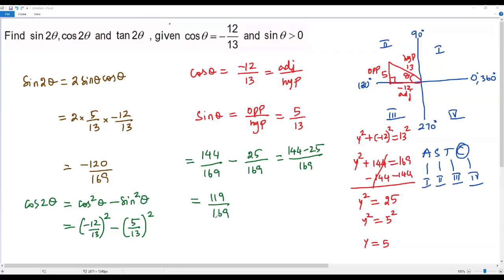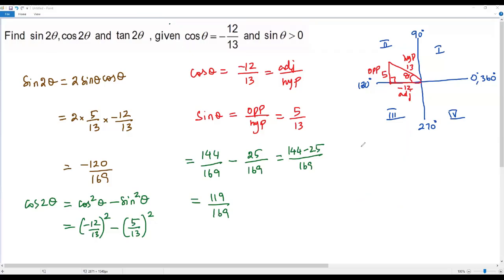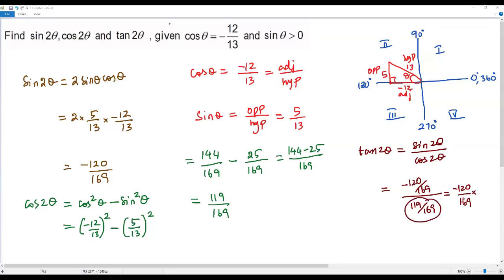Let me write the formula for tangent 2 theta: tangent 2 theta is equal to sine 2 theta over cosine 2 theta. So the value of sine 2 theta is negative 120 over 169, and the value of cosine 2 theta is 119 over 169. Whenever we divide two fractions, we take the fraction in the numerator as it is, negative 120 over 169, change the division to multiplication, and take the reciprocal of the fraction in the denominator, which gives 169 over 119.